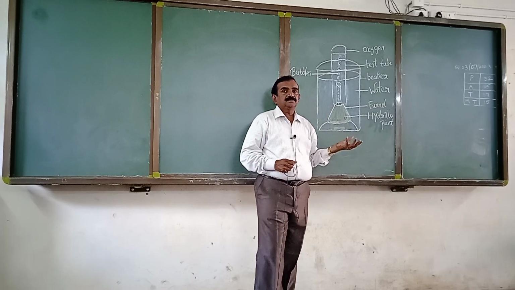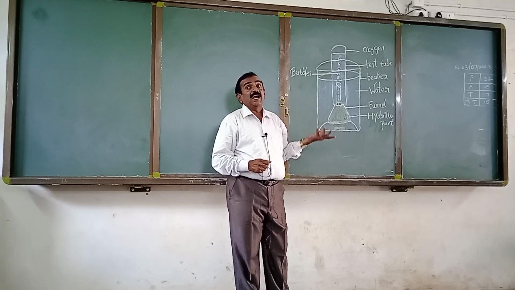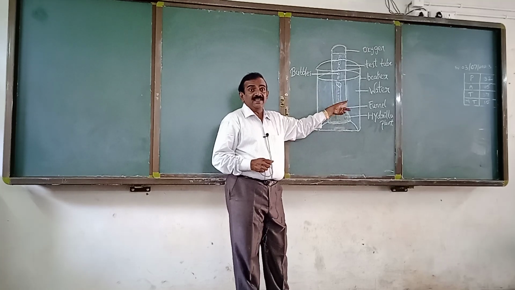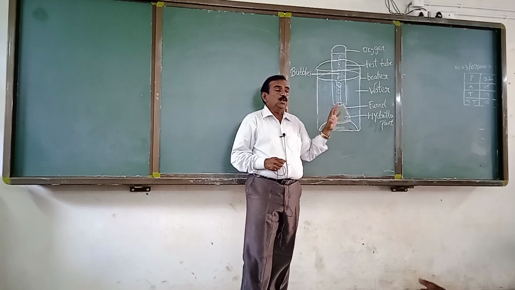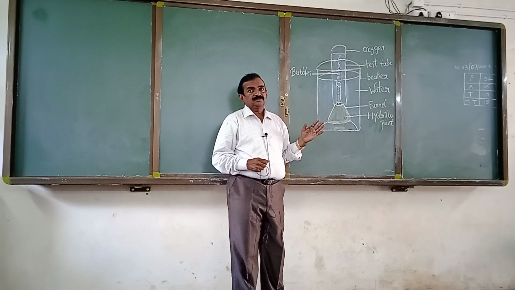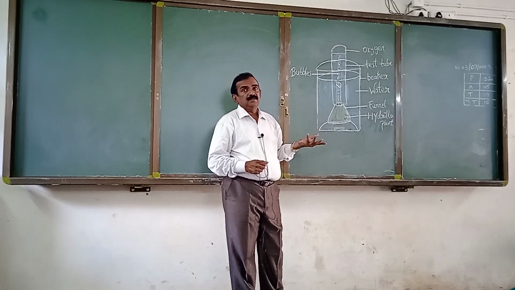How many funnels are we taking? 2, one here and another here. How many beakers? 2. And we are taking some Hydrilla. 2 funnels, 2 test tubes, 2 beakers.